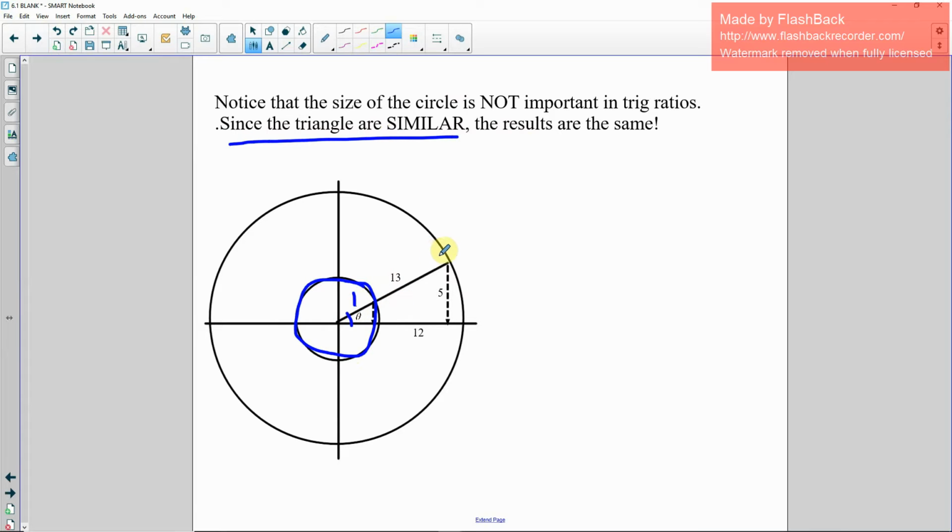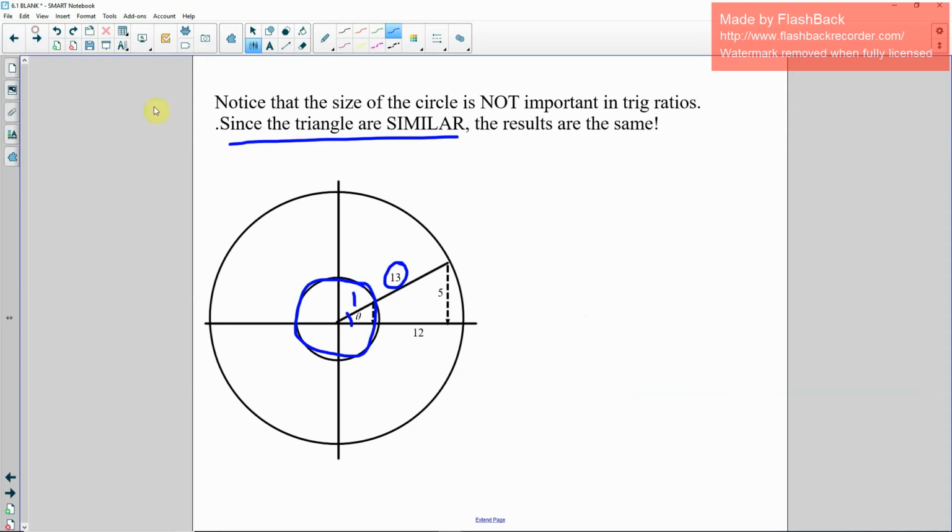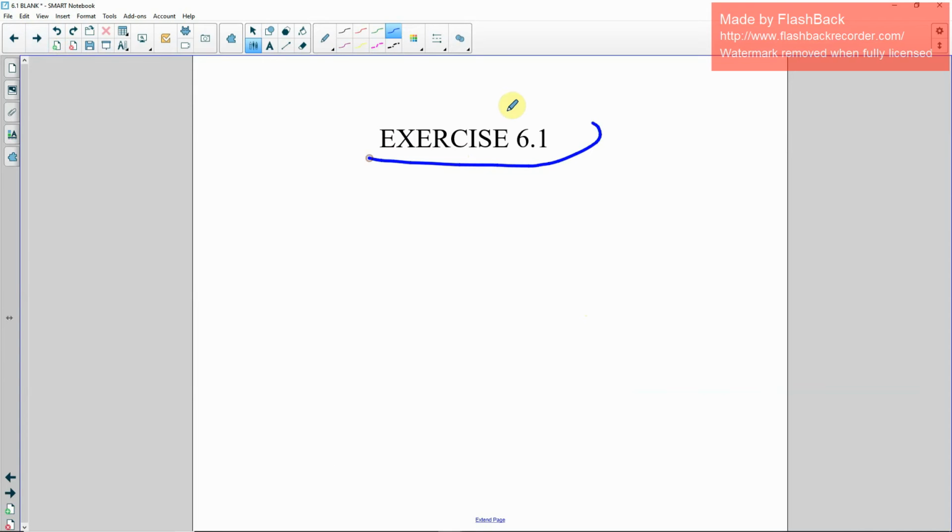If you move out to a larger circle, say the radius is 13, these two triangles are similar. So we can always think of sine theta being y and cos theta being x. That concludes this batch of notes. You'll be able to wrap up that exercise, and we're going to keep on trucking and do the next part of the notes.